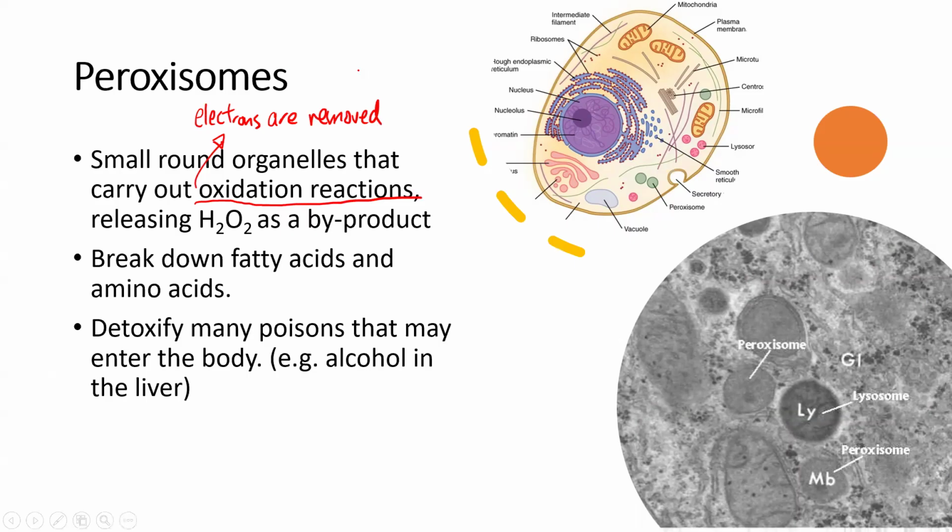So these reactions where electrons are being removed tend to generate some byproducts. And the byproduct that is being created here is H2O2. H2O2, as you might remember, is hydrogen peroxide.